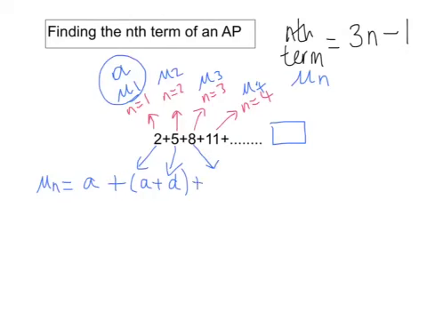So we're plussing because there's a plus in between them. The third term is referred to as a plus, how do I get it? Well, I started with 2, I added the difference, and I added the difference again. So it's a plus 2d.